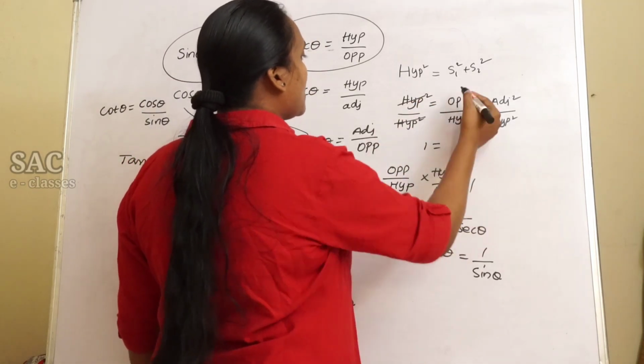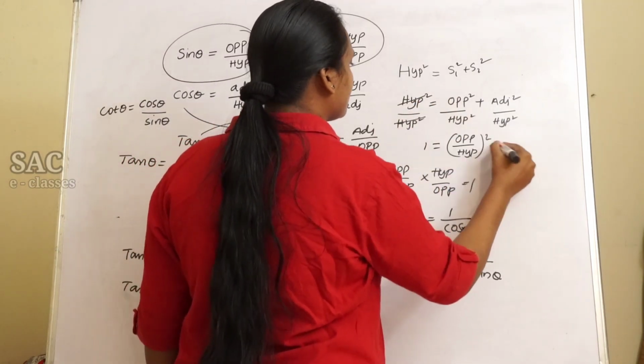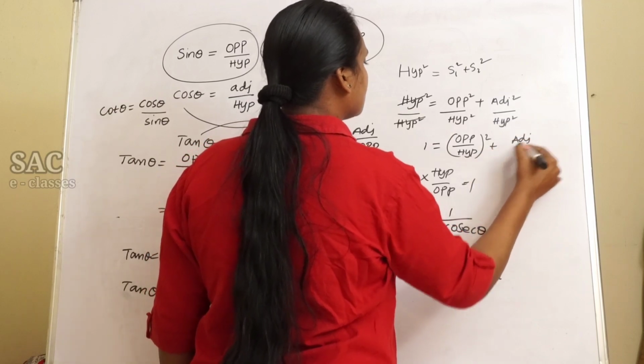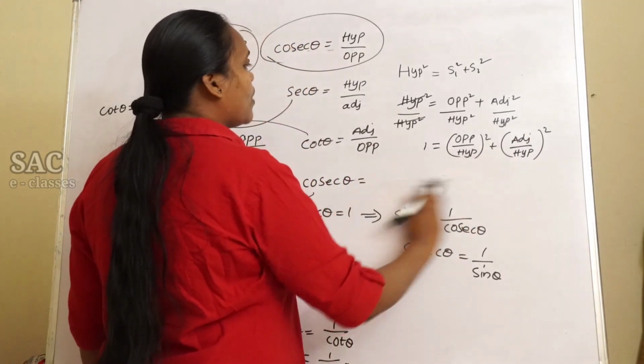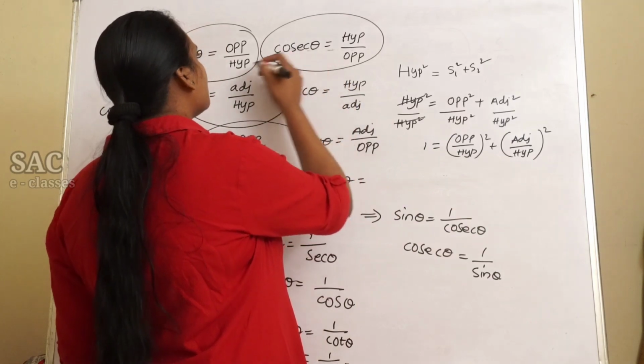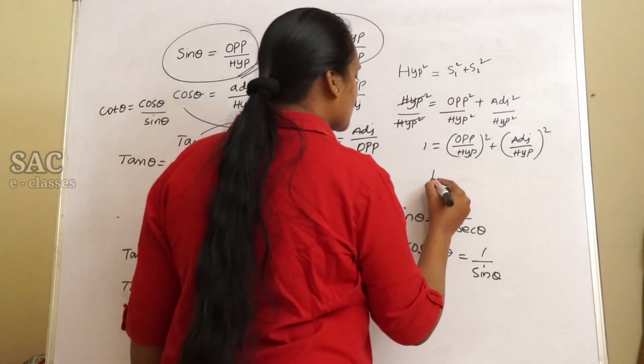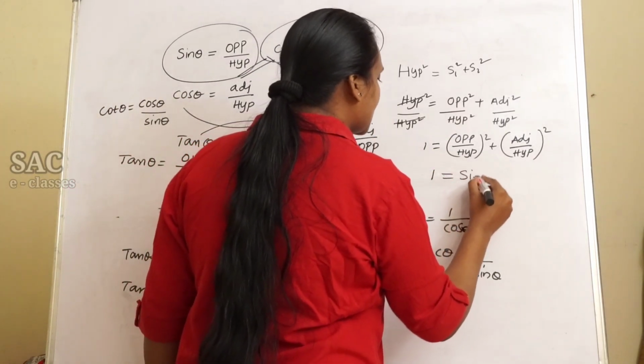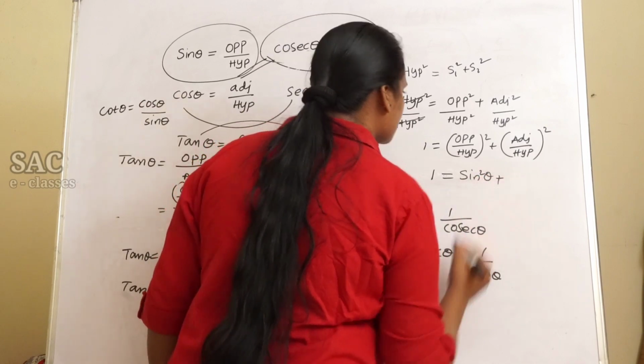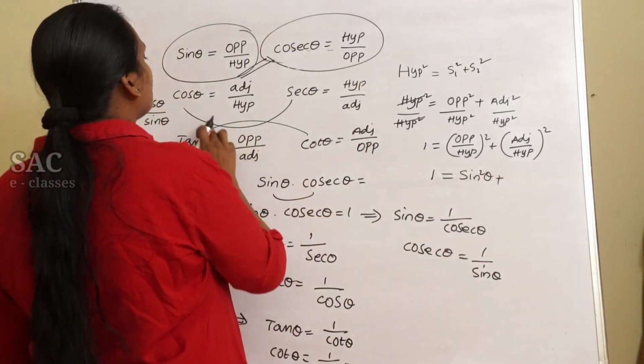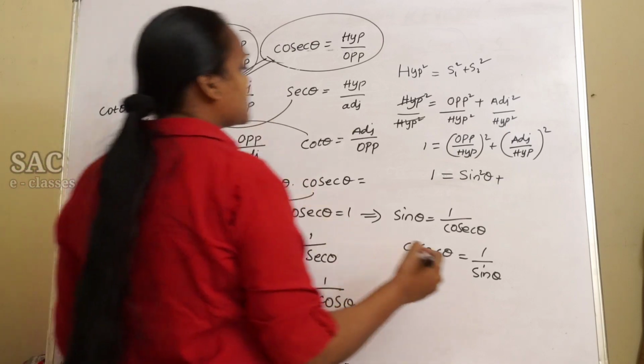1 equals opposite by hypotenuse whole square plus adjacent by hypotenuse whole square. You already know opposite by hypotenuse is sine theta. So 1 equals sine square theta plus adjacent by hypotenuse, which is cos theta.